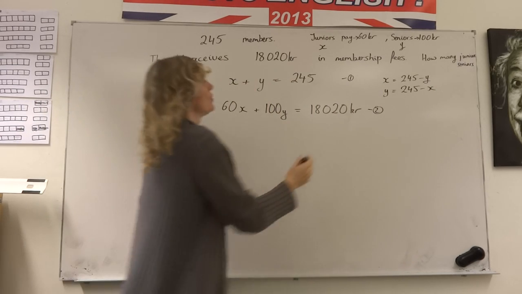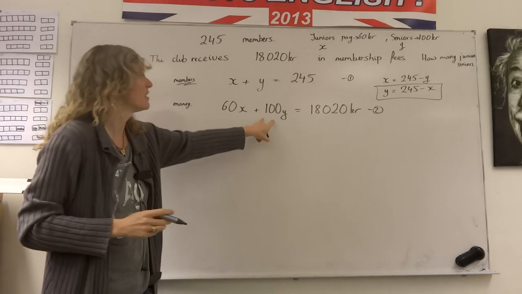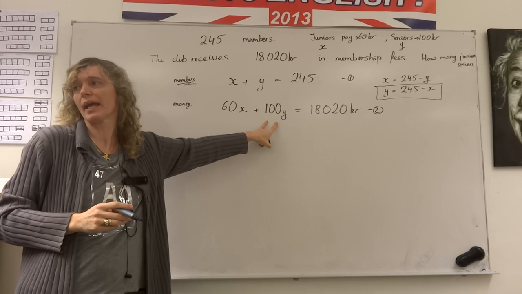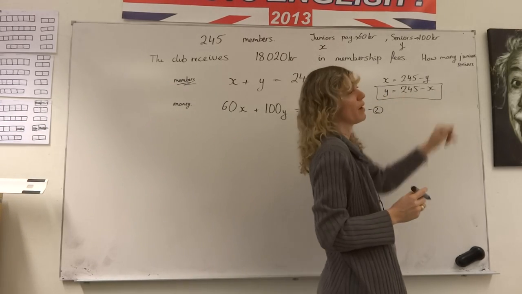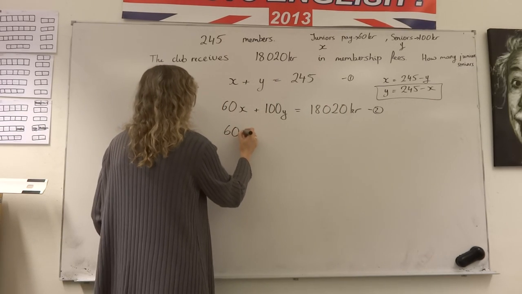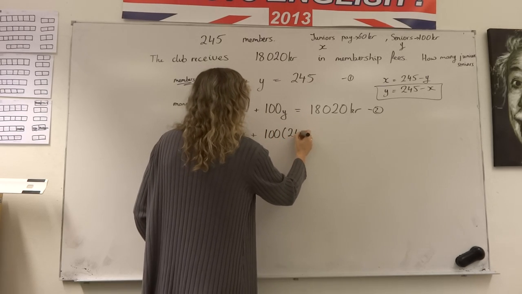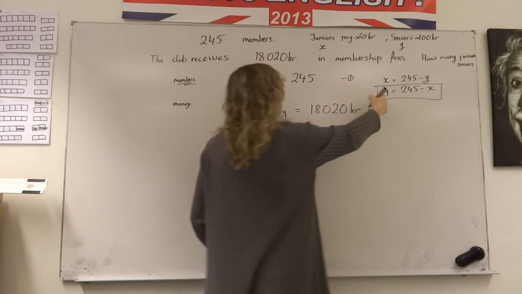I chose to use this one, and the reason is that there's a nice 100 in front of the y term, which will make my calculations a bit easier if I put 245 minus x in front of that. So I get 60 lots of x plus 100 times 245 minus x, where I'm substituting.